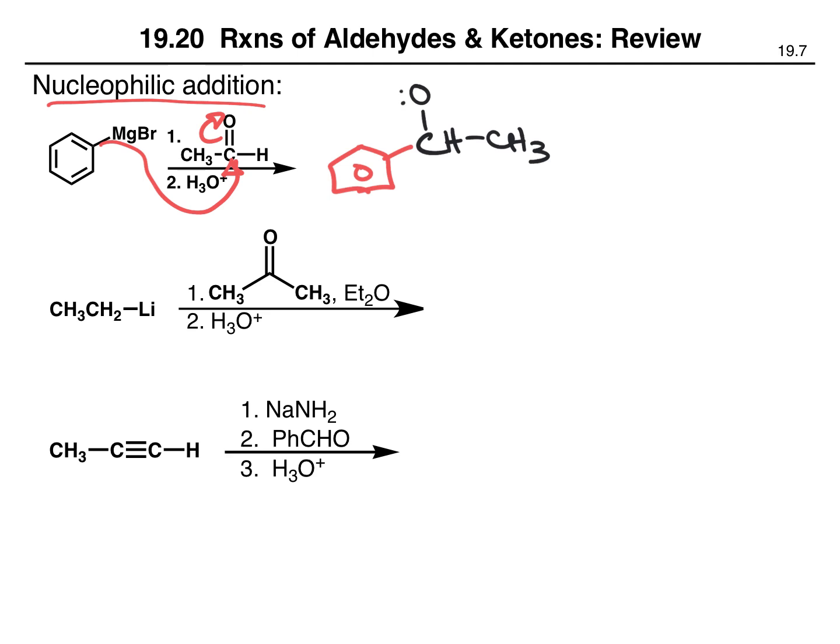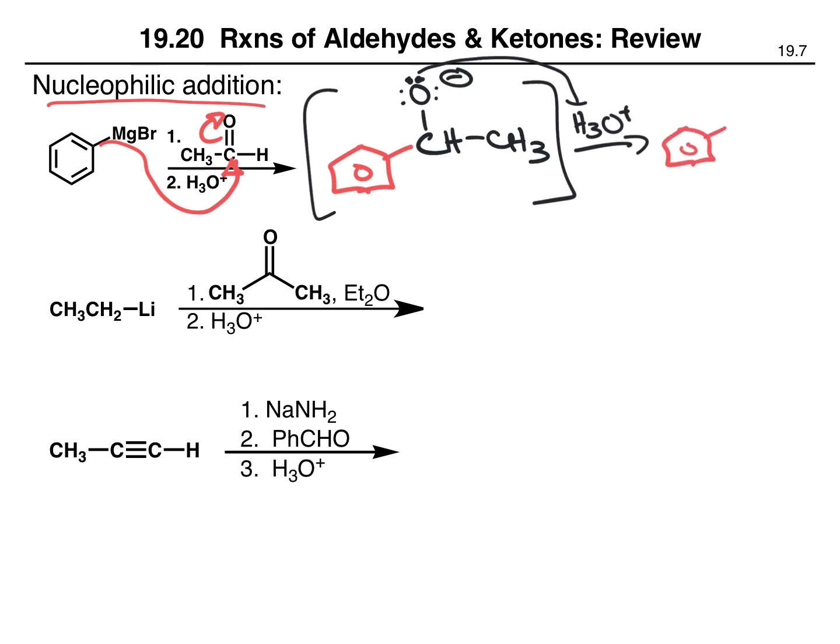So we have the two lone pairs that were already present and another lone pair from what used to be the double bond, and so this oxygen has a negative charge. This is an intermediate, and then after aqueous acid workup, the O- can grab a proton, and that will give us this alcohol product, where this piece came from the Grignard and this piece came from the carbonyl containing compound after protonation.